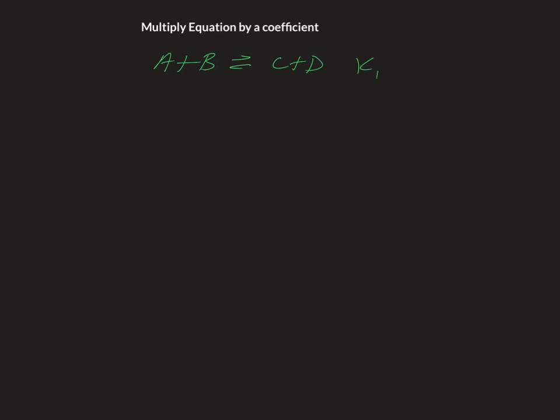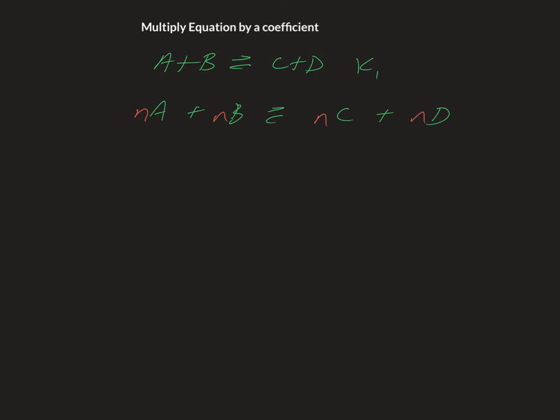If I were to multiply it, so I'll just draw it again. If I multiplied everything by some integer n. Back in chapter 5, we multiplied our enthalpy by n, if that were the case.